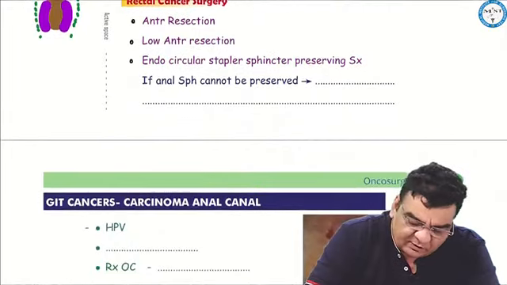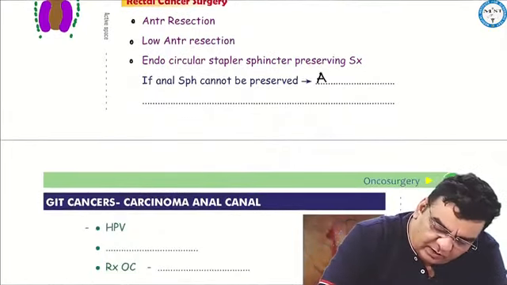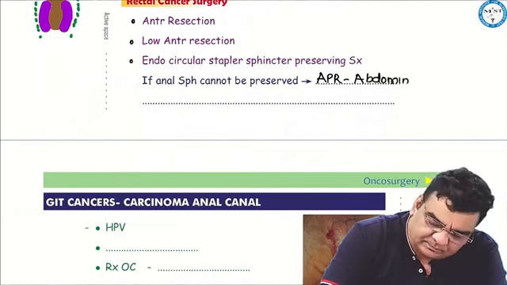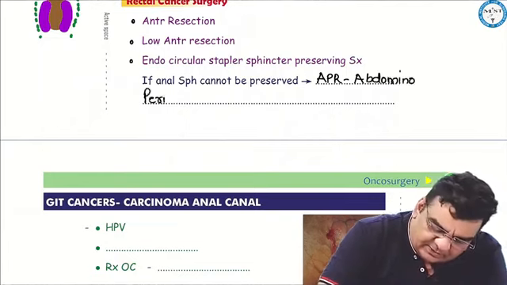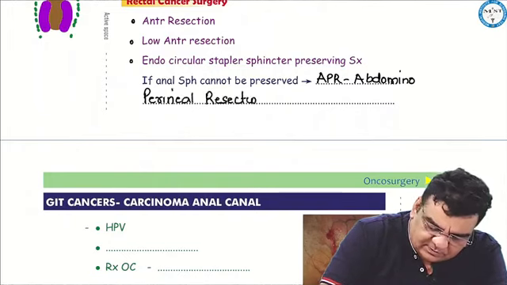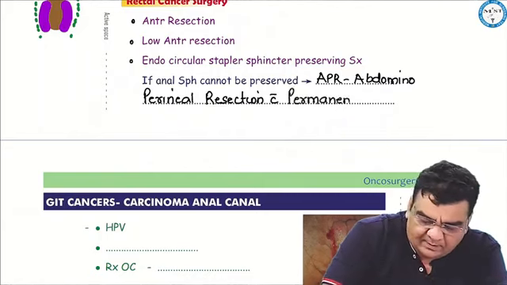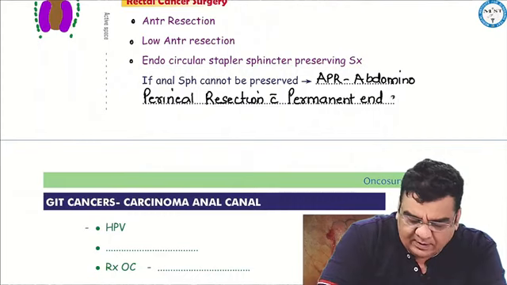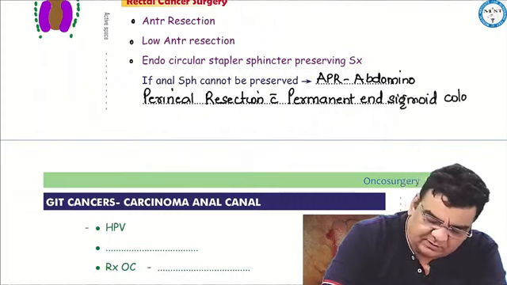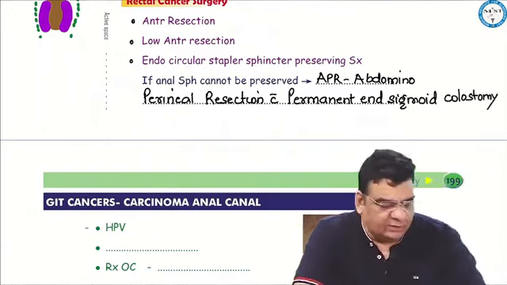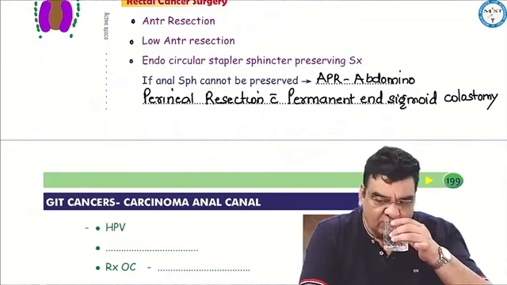If the anal sphincter cannot be preserved, then we have to do APR, abdominoperineal resection with permanent sigmoid colostomy for the whole life.